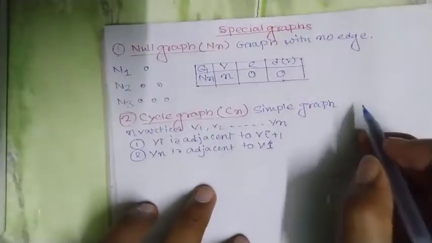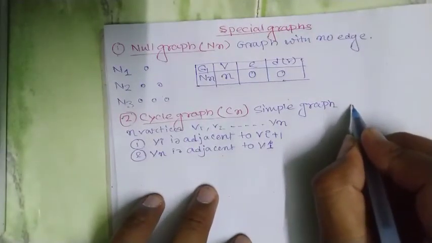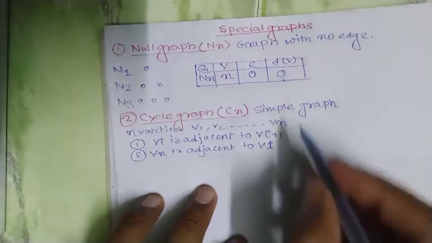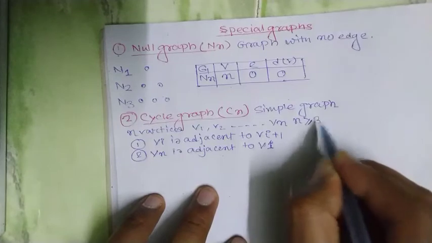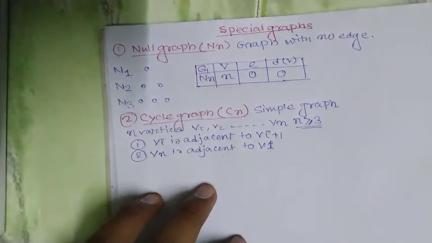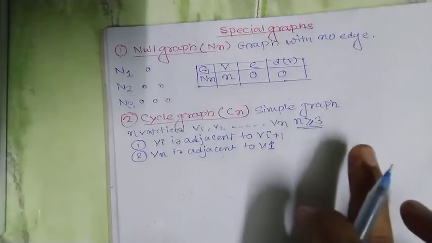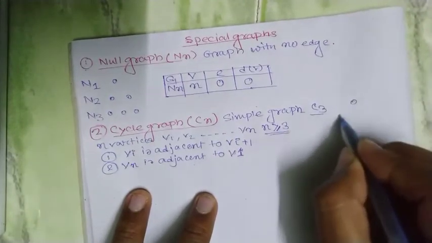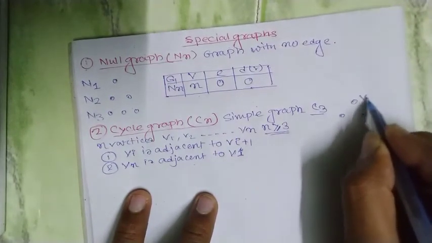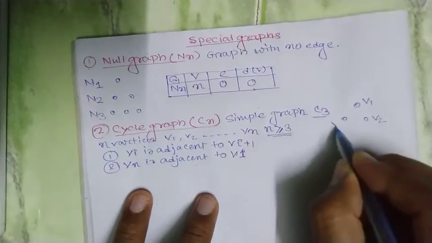So we see some examples. The number of vertices must be greater than or equal to 3, because with less than 3 vertices we can't draw any cycle graph. Like C3, 3 vertices v1, v2, v3.